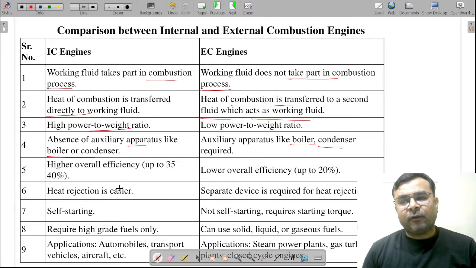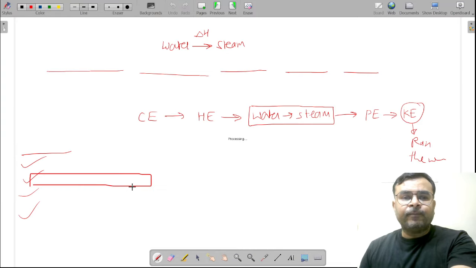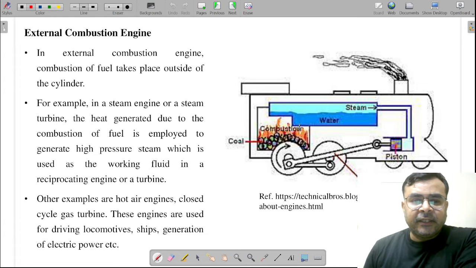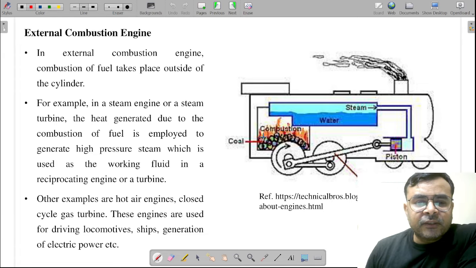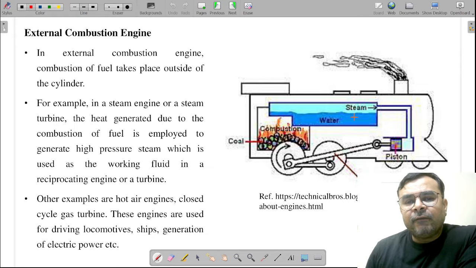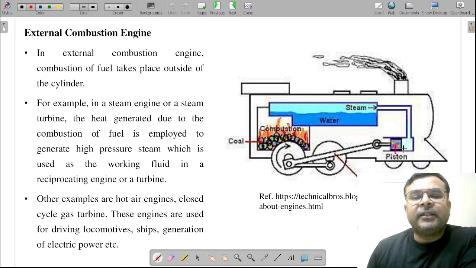Why do we need a condenser? Obviously you can see in the previous slide, when you burn this coal, this heat energy converts water into steam. Then of course after expansion inside the piston, we need to collect this steam again, and again it will be converted into water. Yes or no?